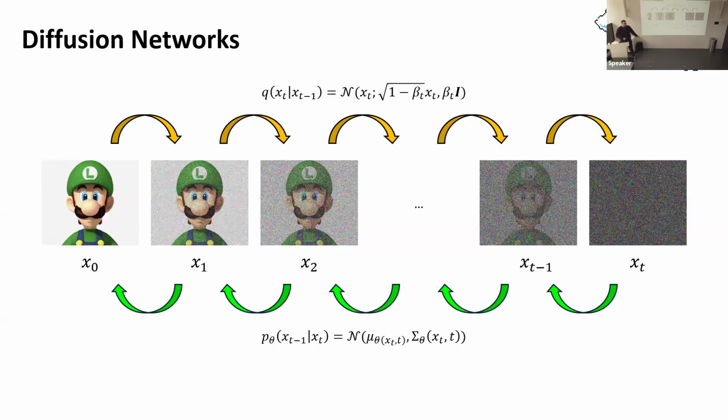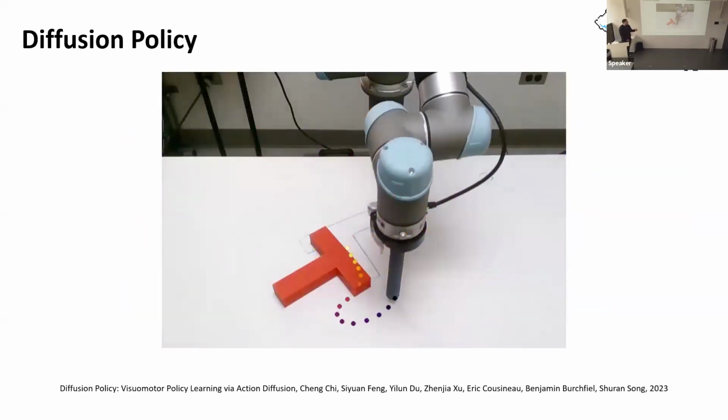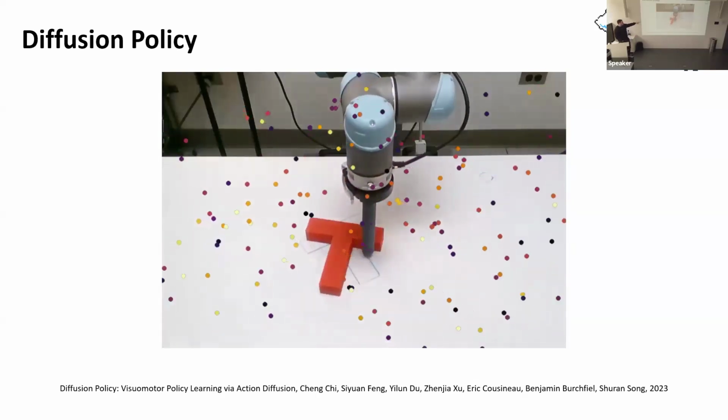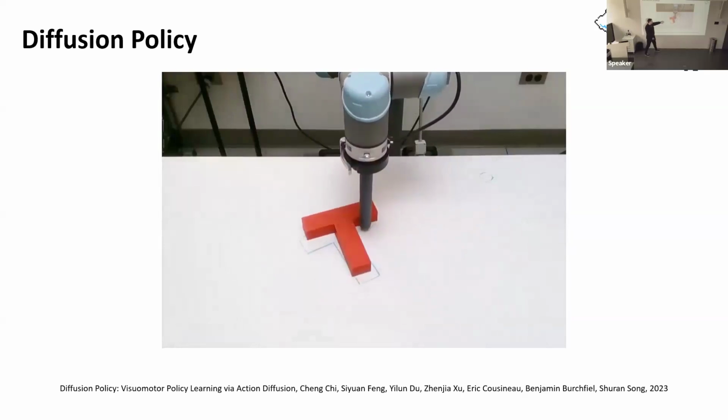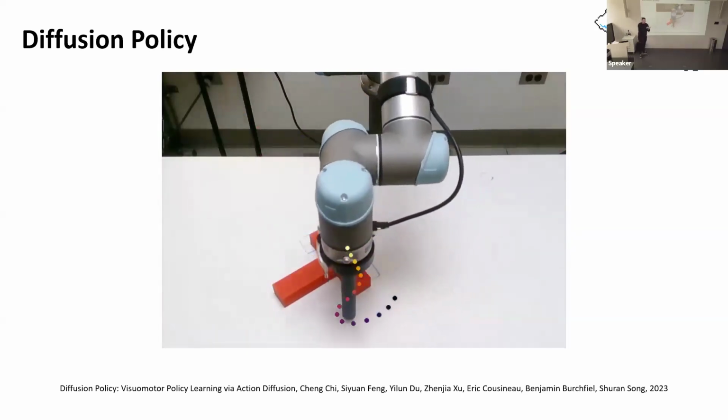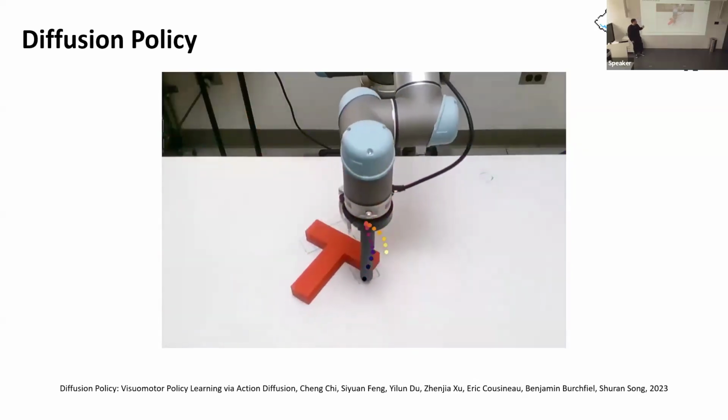The same principle can also be taken for the trajectories that we try to find. For example, the task here is to place this T into the underlying T, so they overlay. The idea here is the same.